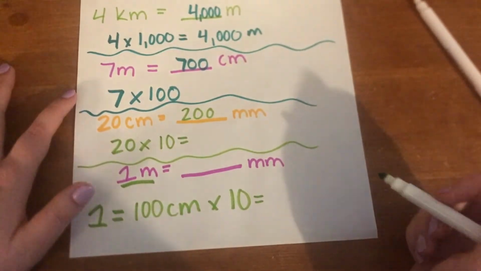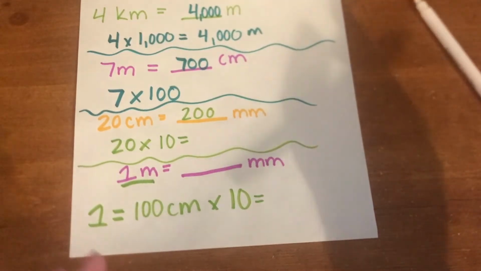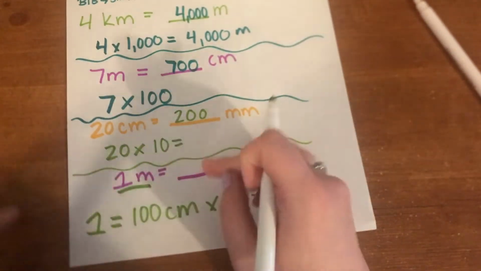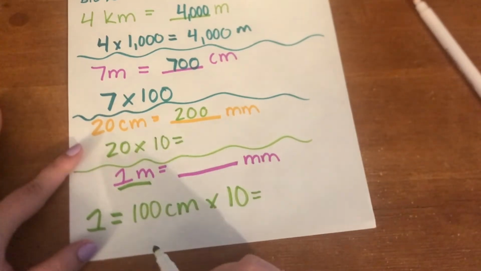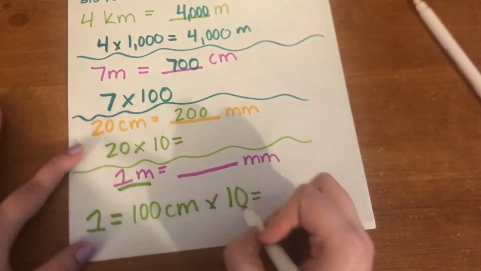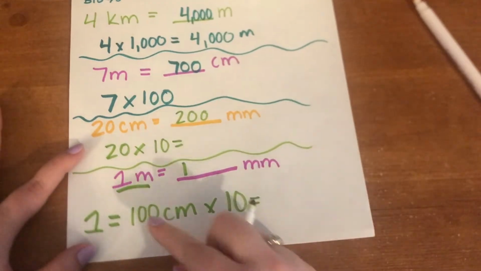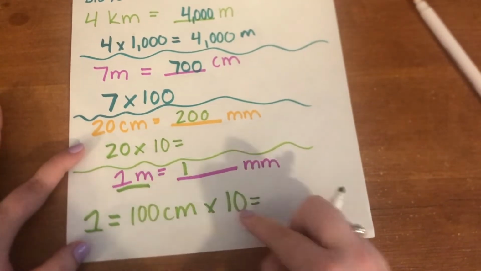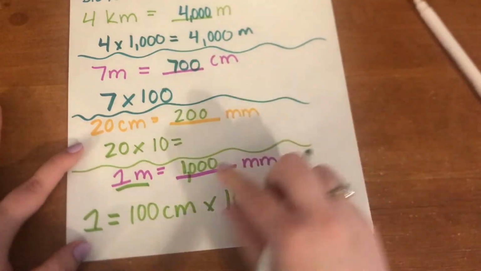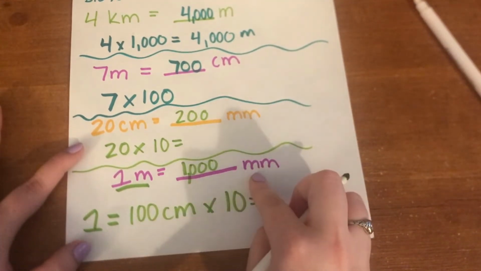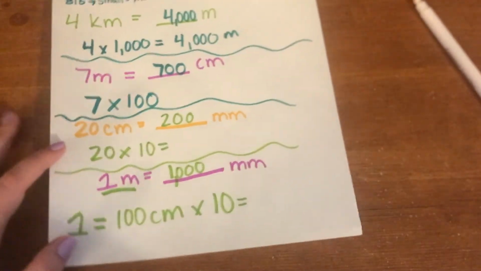So it makes sense that there's going to be a bigger number of millimeters in just 1 meter. Now I have a lot of zeros and I have ones. 1 times 1 is 1, and now I'll add up my zeros: 1, 2, 3. So there are 1,000 millimeters in 1 meter.